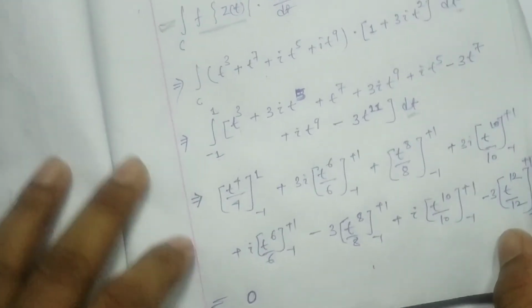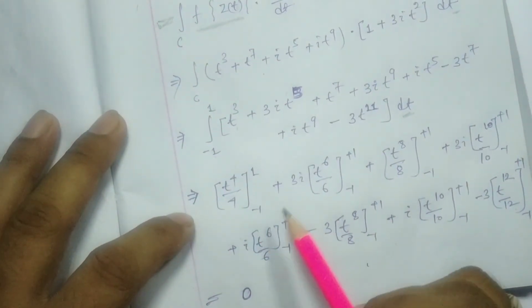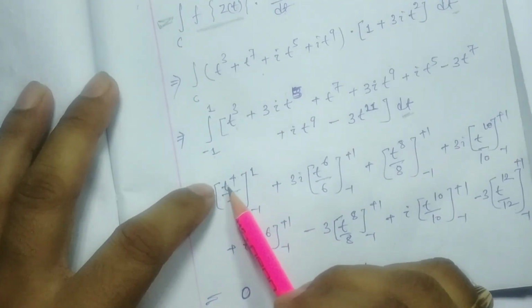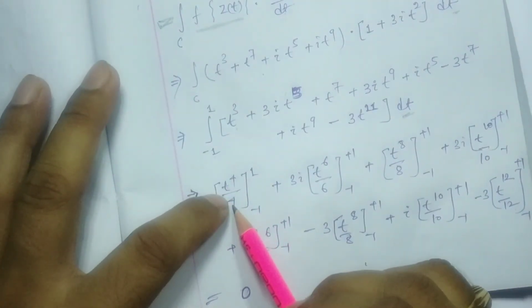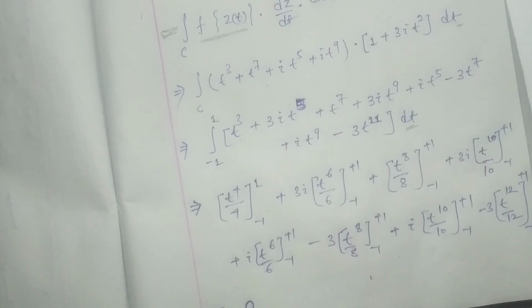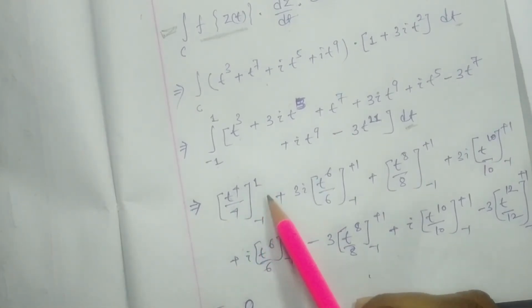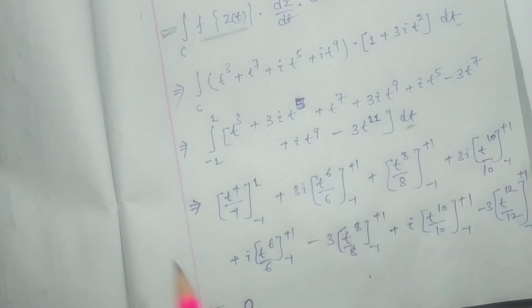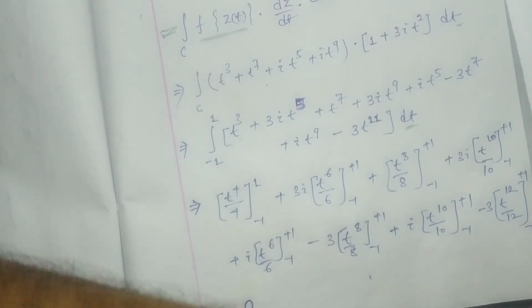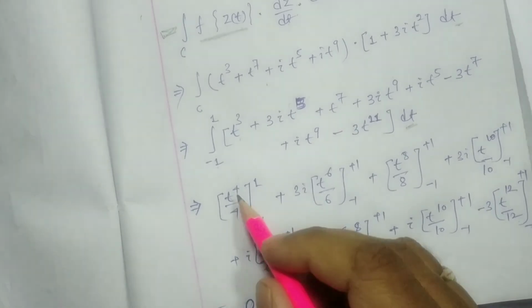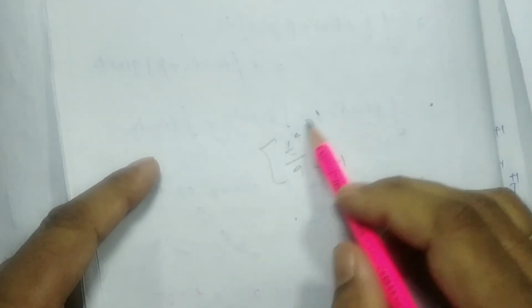So if we put the upper limit, it will be 1 by 4 minus (-1) to the power 4 by 4. You got my point? See, this is t to the power 4, so t to the power 4 by 4 from -1 to 1. I am going to put the upper and lower limit. So 1 by 4 can be taken outside.